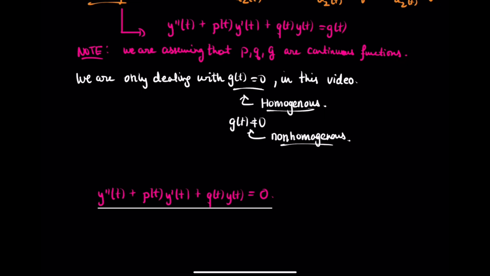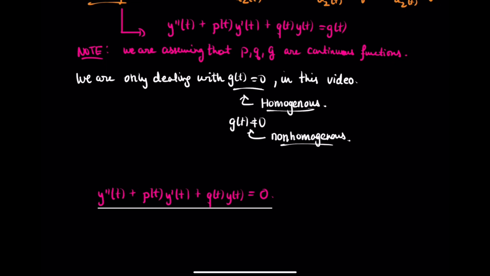Excellent. Now, I need to show you a few things. First things first, we will be dealing with the constant coefficient case as well. There are going to be times when p(t) and q(t) are in terms of t, but we're assuming that p and q, for this case, are just going to be constants.